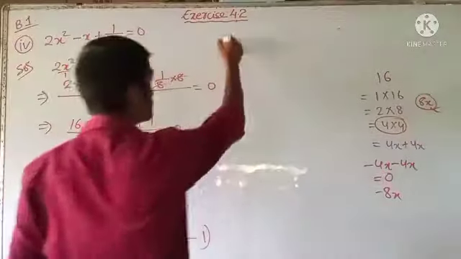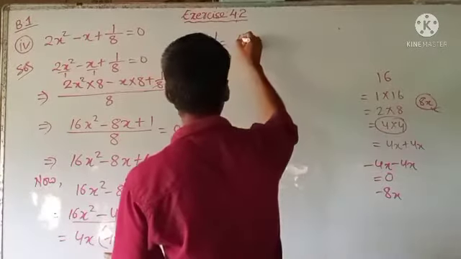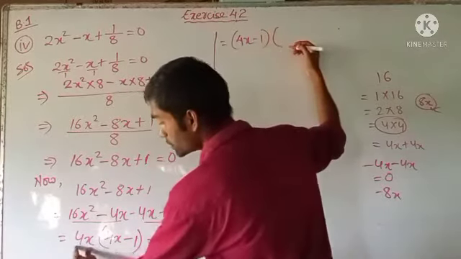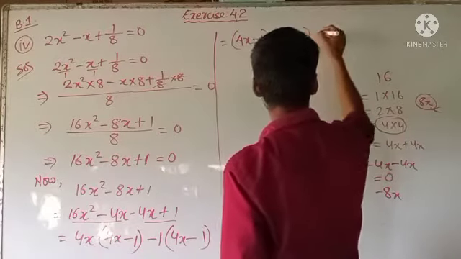So now we will write here, that is 4x minus 1 multiplied by 4x minus 1.